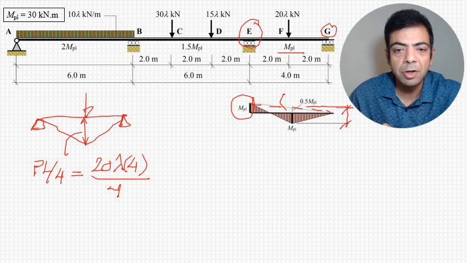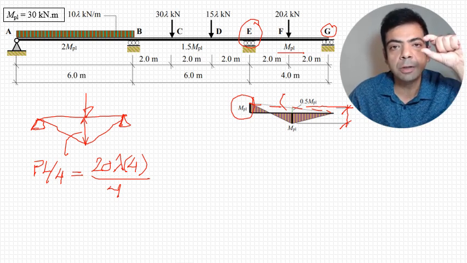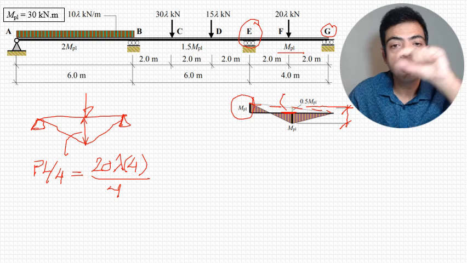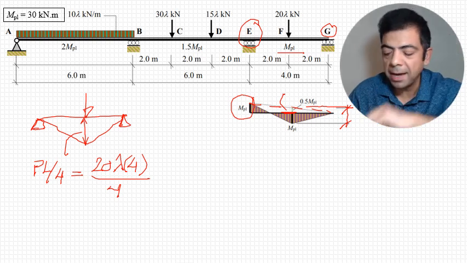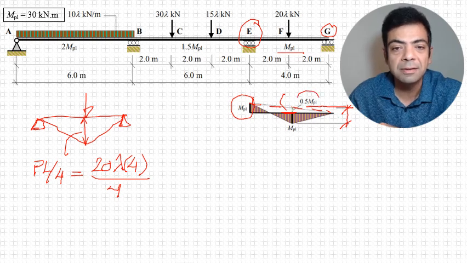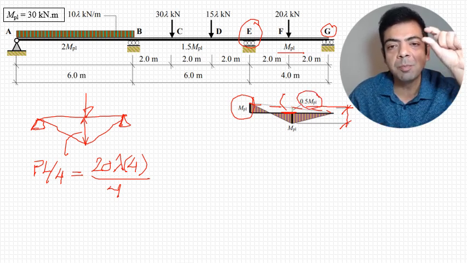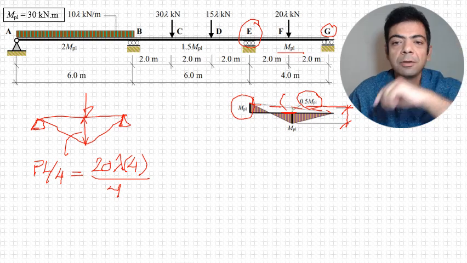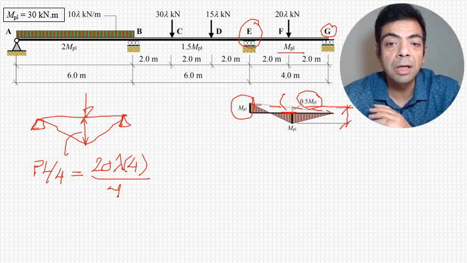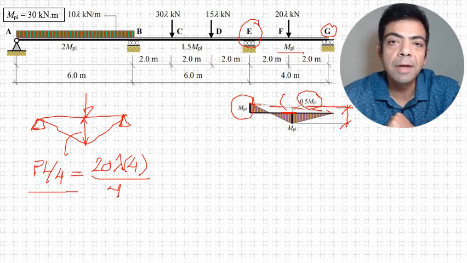In that big triangle, in the negative triangle, the short distance between this beam and the dotted line at midspan is going to be half M plastic, half the base. So when we add half M plastic on top to the M plastic at the bottom, it should equal PL over 4. So let's do that math.